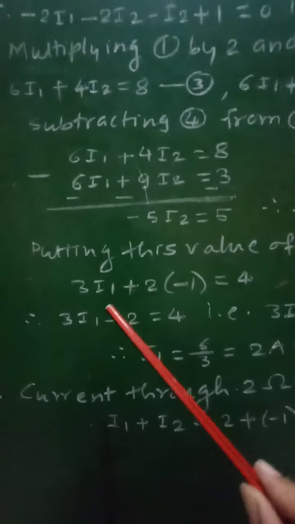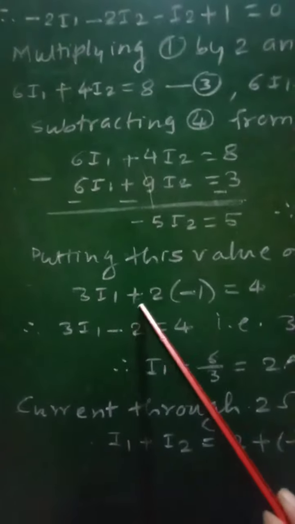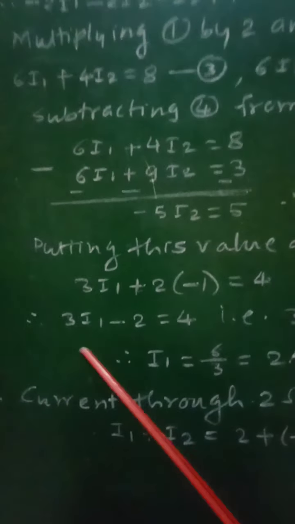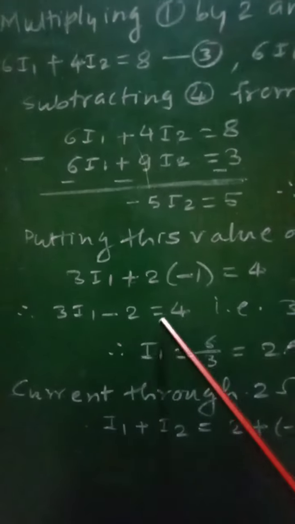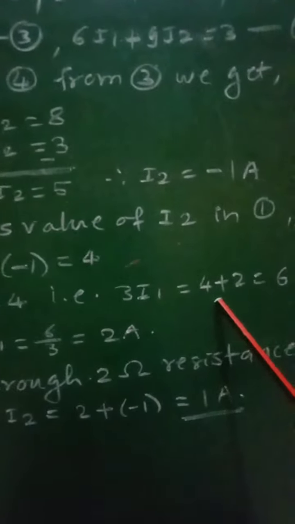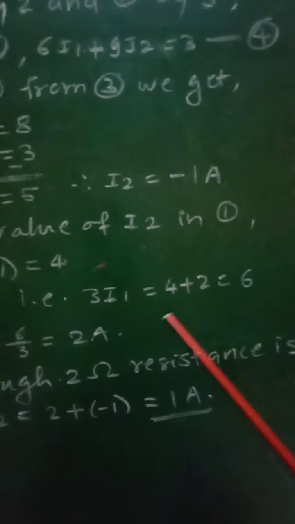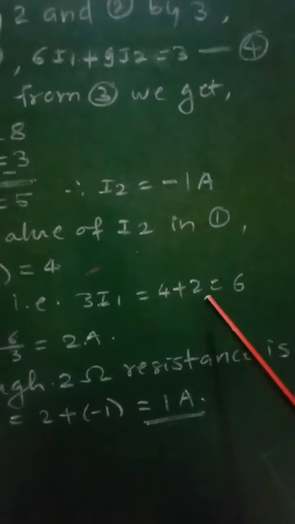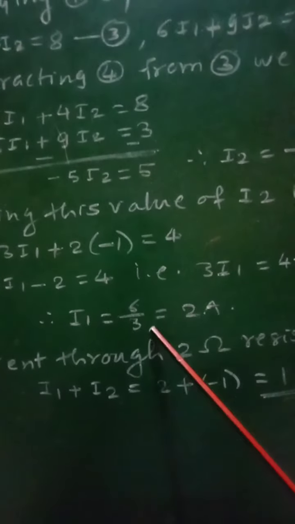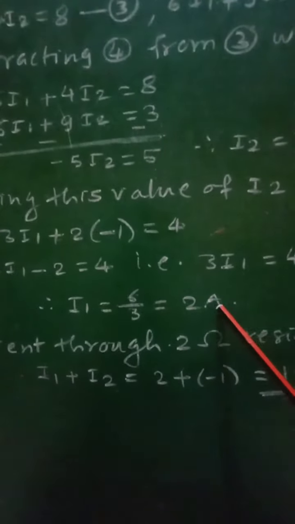we will get 3I1 plus 2 into minus 1 equal to 4. That is 3I1 minus 2 equal to 4, or that is 3I1 equal to 4 plus 2 equal to 6, that is I1 is equal to 6 by 3 equal to 2 ampere.